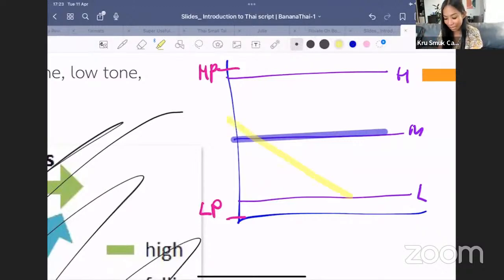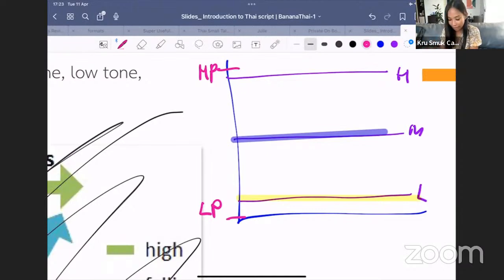Next one, low tone. Low tone doesn't go like this. It goes straight, but in a low pitch. Ma. Can you try? Exactly. It stays in the same movement, which is straight, right? So ma.